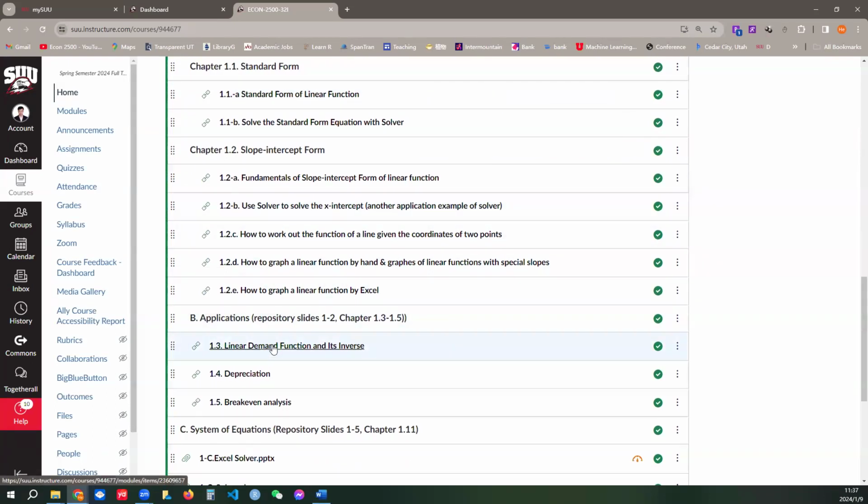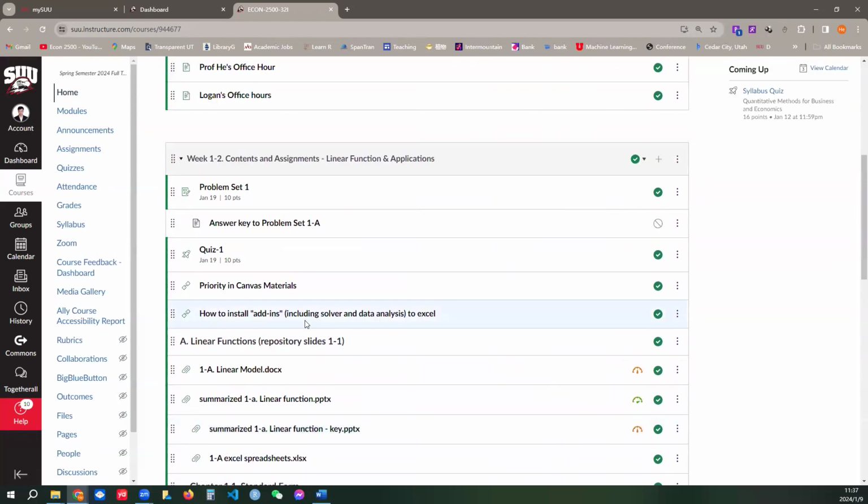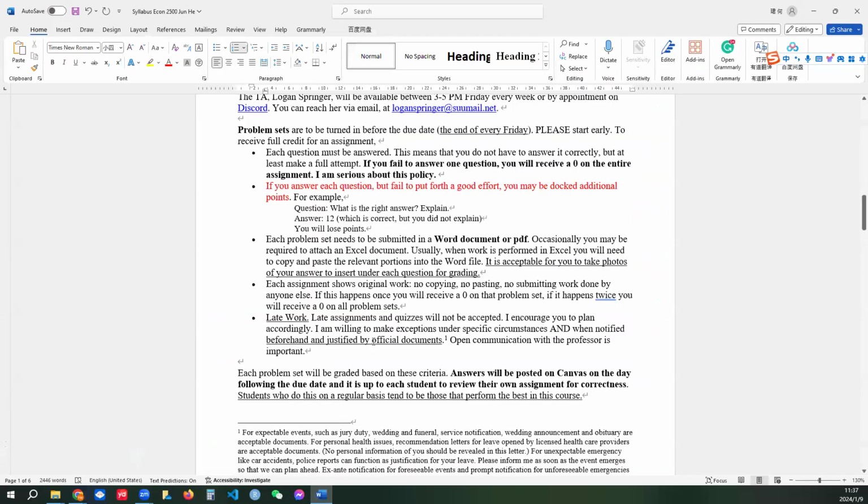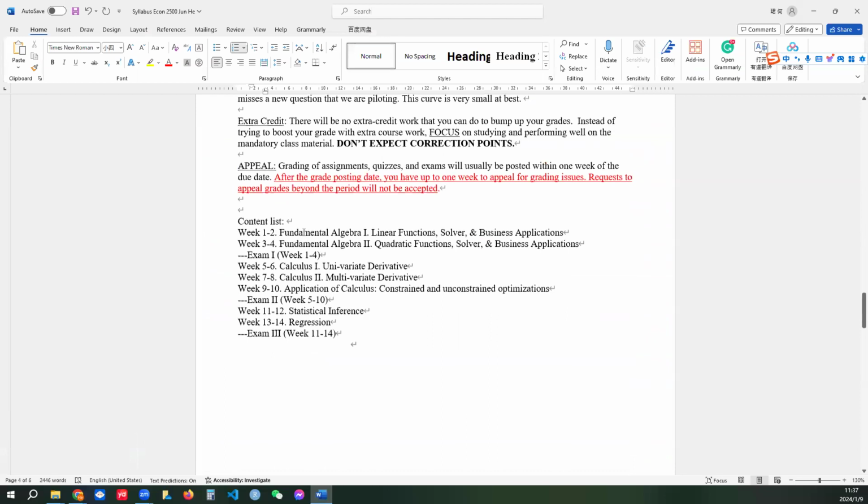For instance, demand and inverse demand, depreciation, break-even analysis using linear functions. So that is module 1, unit 1.